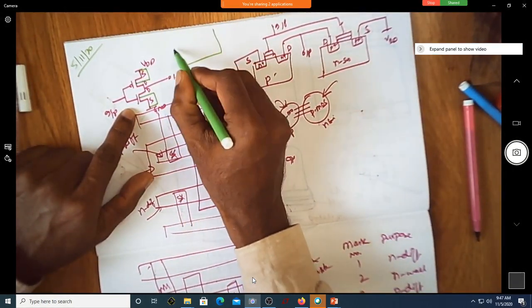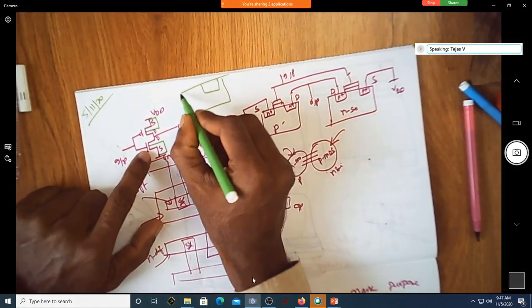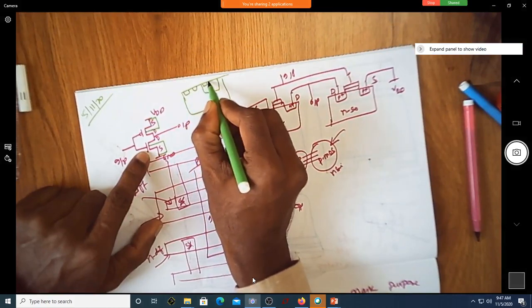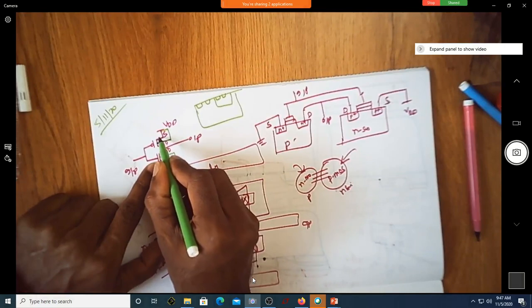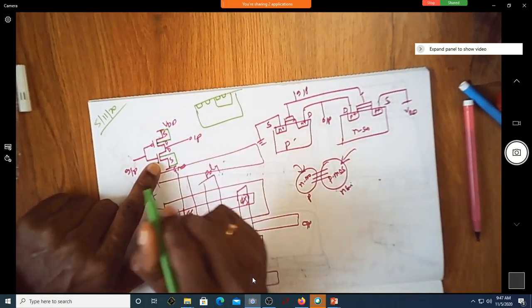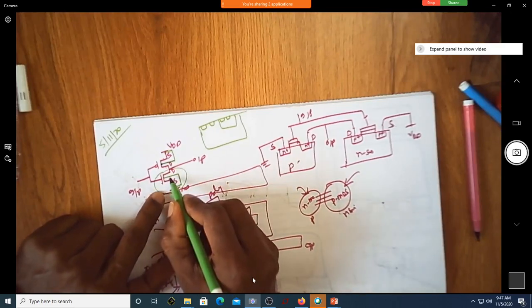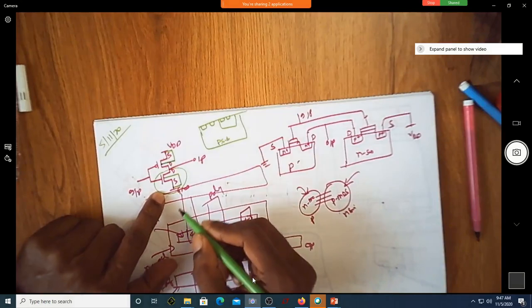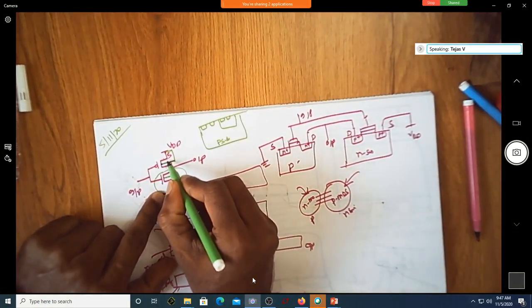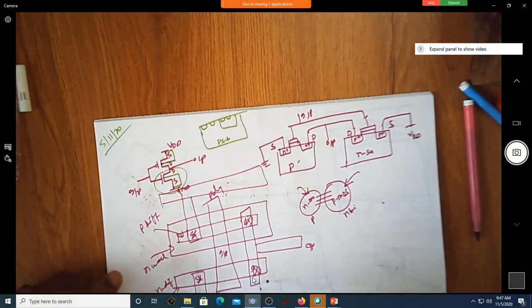N plus, sir. See, you have a well here. So I am going to have something like this. If you want to make this connection, it is not only source, drain and gate, you have a bulk also. What is the bulk for this NMOS transistor? Is it not the P substrate itself? Yes, sir. What is the bulk for this? Bulk means the one on which it is fabricated. Is it not the N-well?